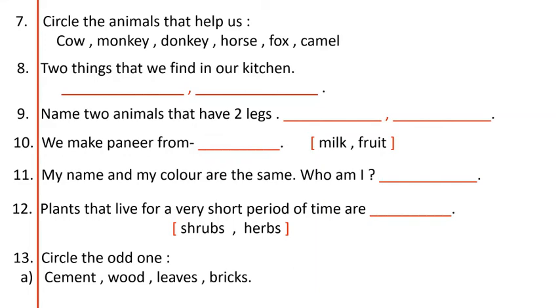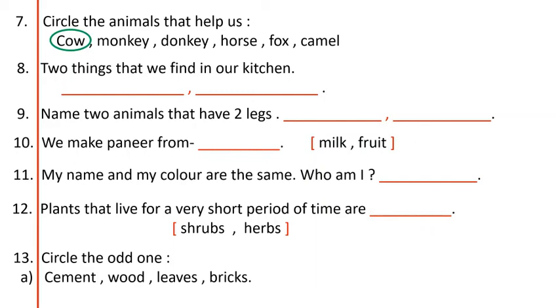Now we need to circle the animals that help us. Children, does the cow help us? Yes. But how? How do they help us? Yes, you're right. They give us milk. Very good. Now what about the monkey?